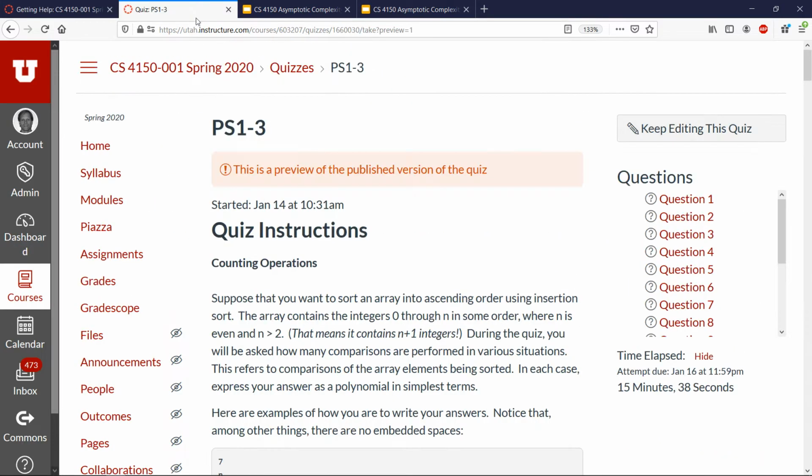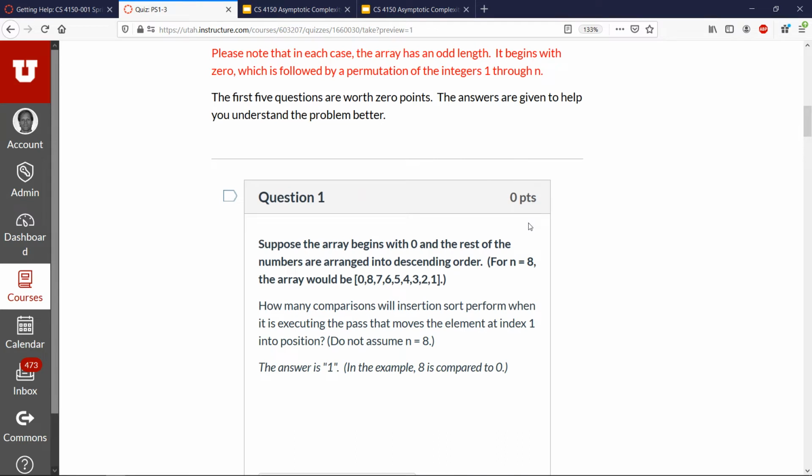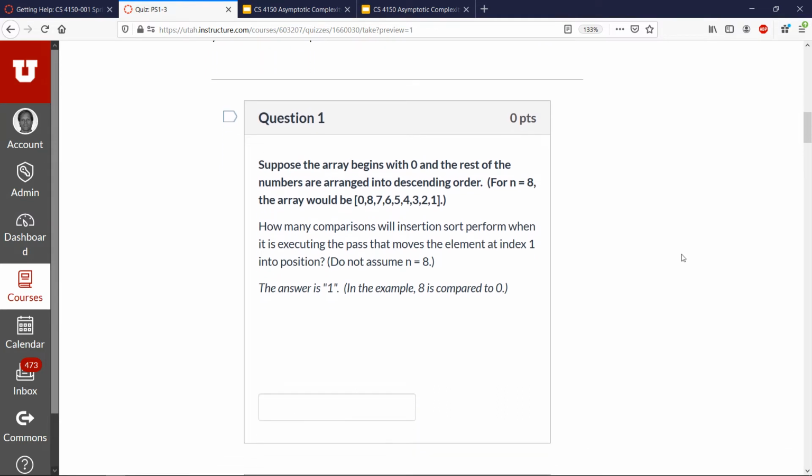Okay, so 1-3 I happen to have here because I knew someone would ask. They sort of all follow this form. I tell you an initial arrangement of numbers. And so this says, suppose you have an array that contains n plus 1 integers.